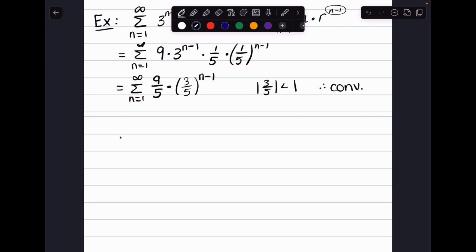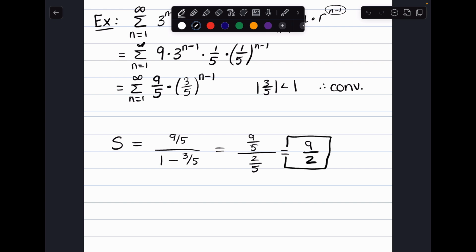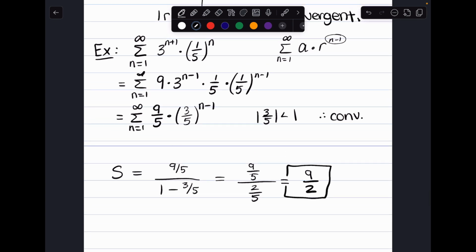To find what the sum is equal to, I can write S is equal to my a, 9/5, over 1 minus my r, 3/5. So I'd have 9/5 divided by 2/5, which is equal to 9/2. And that would be my sum of this geometric series.